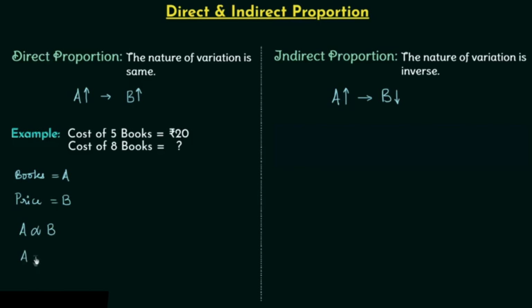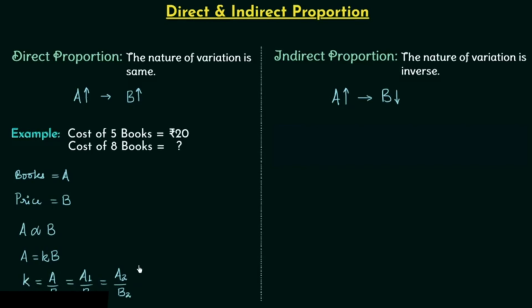So if I remove it, we will have equal to in place of it, and we will multiply the constant, let's say K, to B. From here we will have K equal to A divided by B. Now this constant K will remain the same for different values of books and prices. So I can say if we have A1 over B1, we will have the same constant, or if we have A2 over B2, we will have the same constant, and so on.